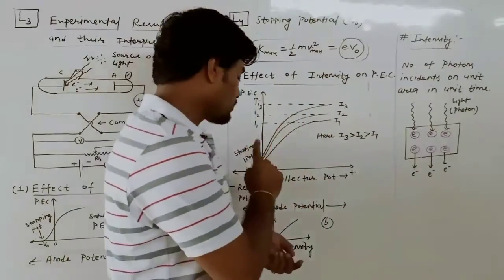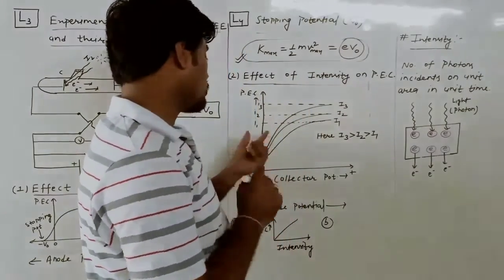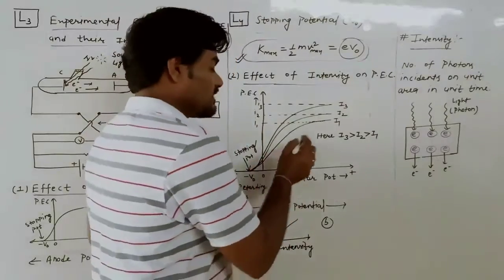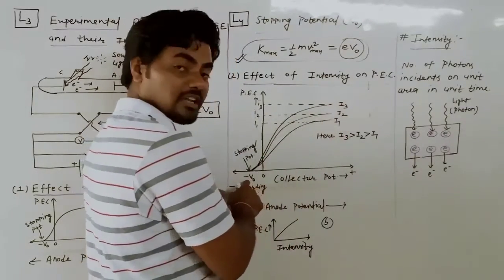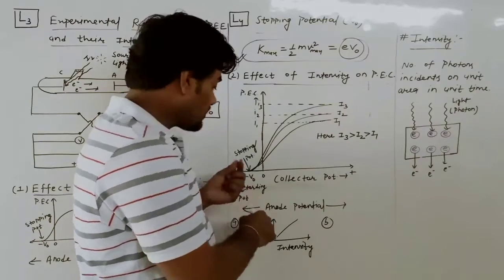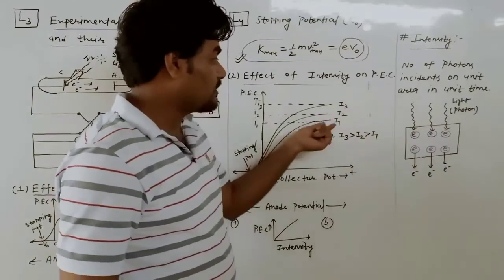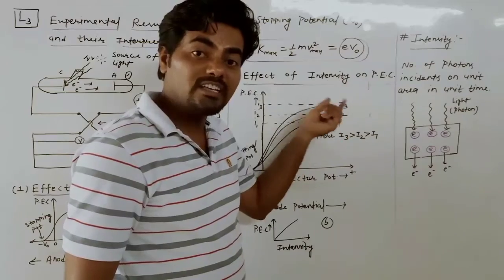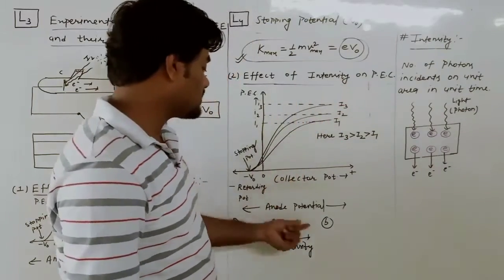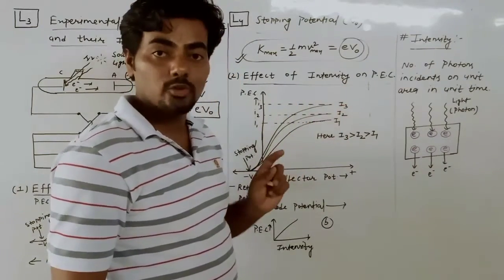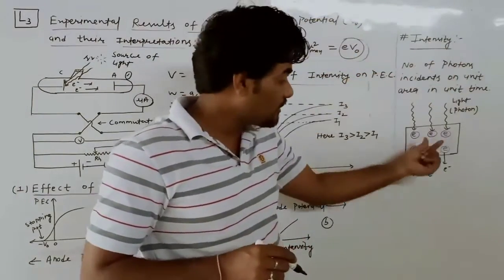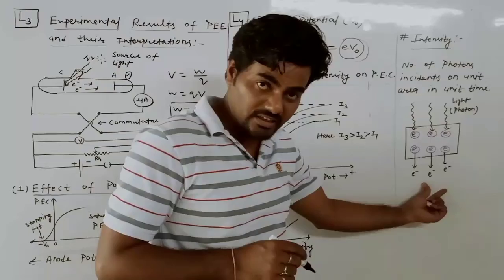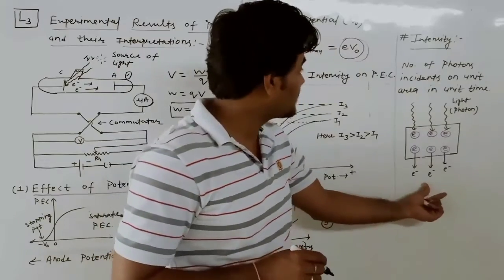Now another thing is also clear from this graph. Here you can see that for I1, I2, I3 we get the similar value of stopping potential. So we can say that stopping potential does not depend upon the intensity of the light, because on increasing the intensity of the light, the number of emitted electrons increases, but not their kinetic energy.